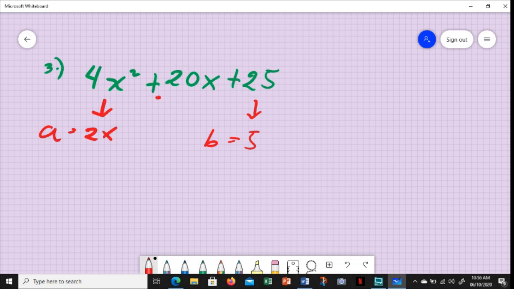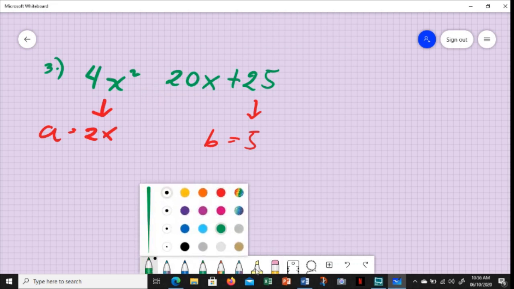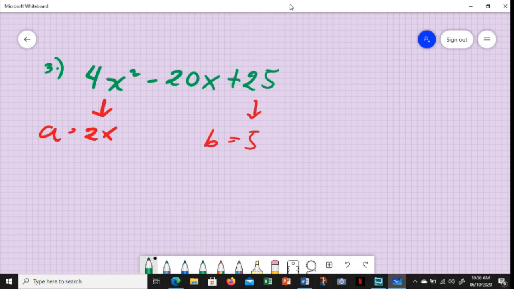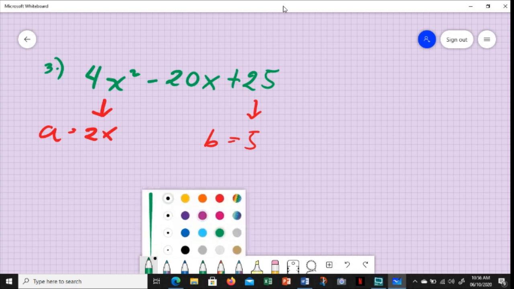So since plus pa rin ang middle term natin, we are going to use the first pattern. But just in case na maging minus siya, let's say gawin natin minus. We will now be using the second pattern. Okay? So instead of plus, magiging minus.